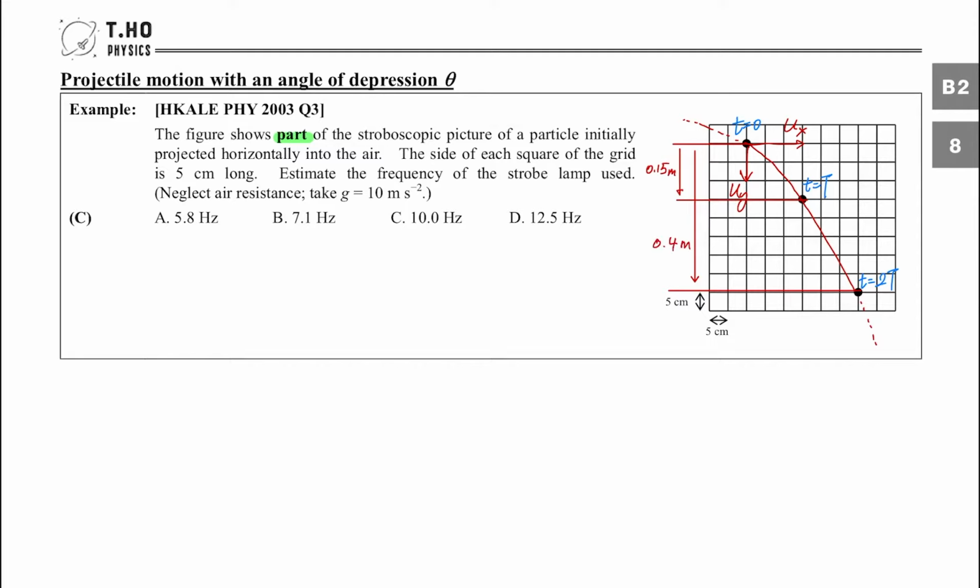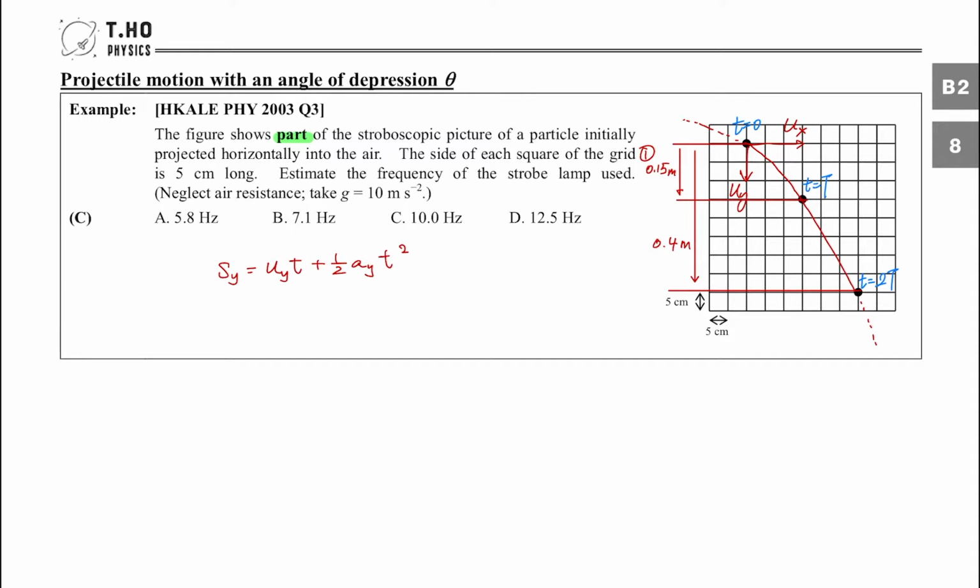So we can write down 2 equations of motion. Firstly, consider this displacement. We know that s equals ut plus half a t squared.